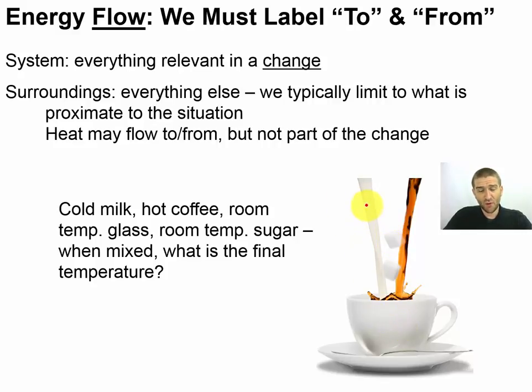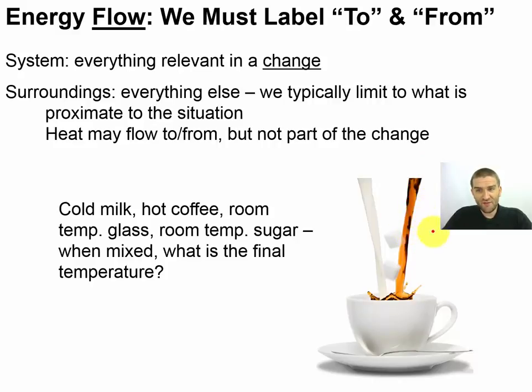We also know that the cold milk is going to cool it down some, but because there's so much more volume and so much more heat energy inside of the hot coffee, it's going to be warm once we start mixing it. However, the whole system is going to end up being cooler than the hot coffee was originally.